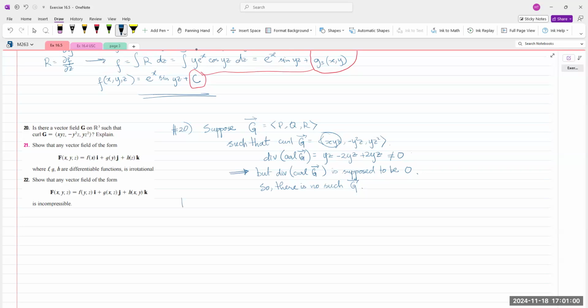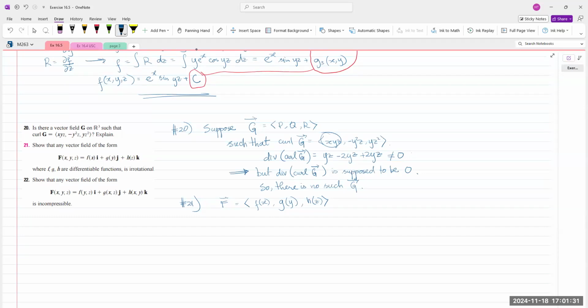Number 21. Show that any vector field of this form, where the x component is a function of x only, the y component is a function of y only, and the z component is a function of z only, is irrotational.